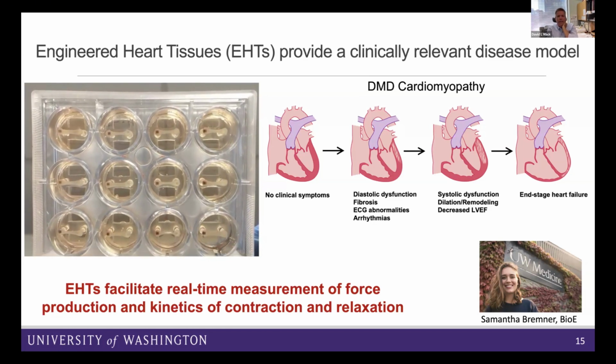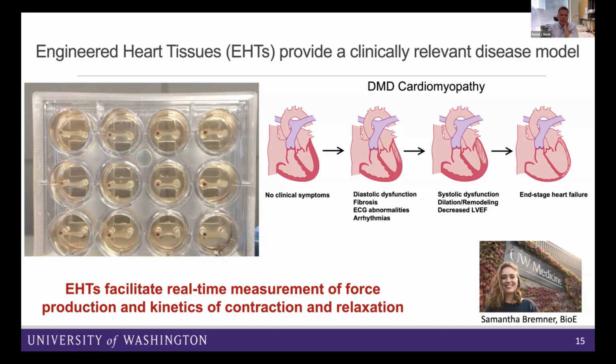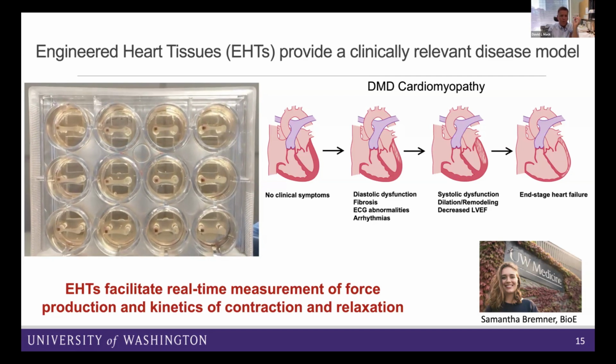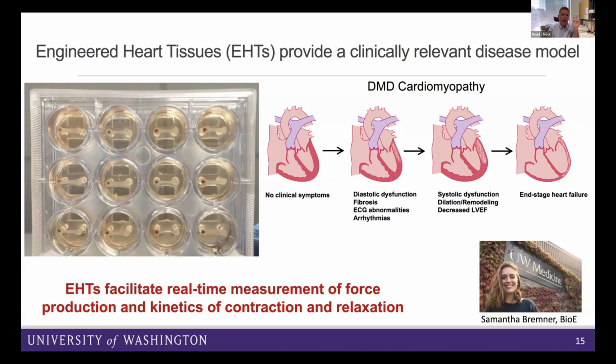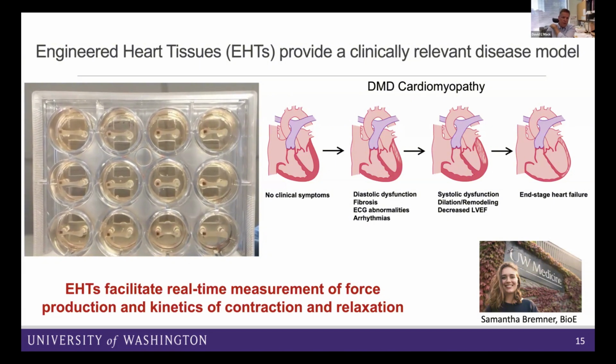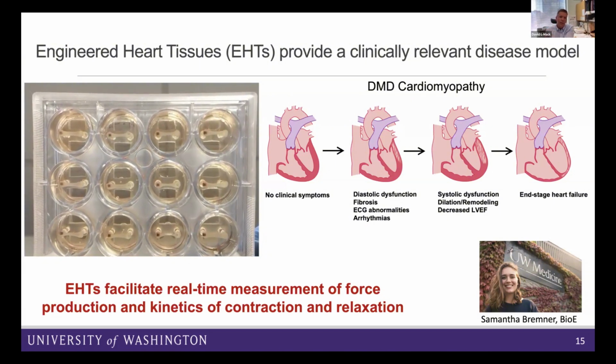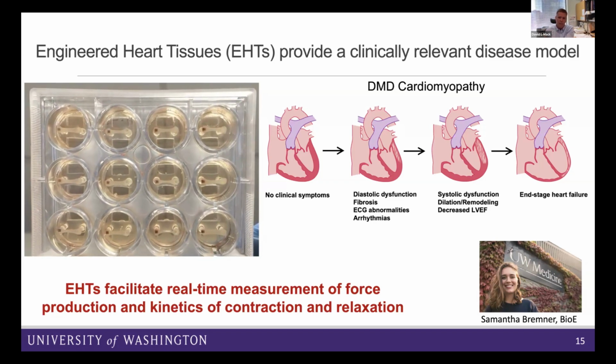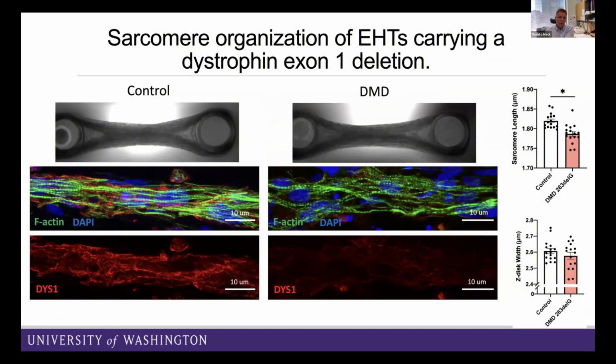So the idea is that these EHTs can generate force, and looking at that force output and the kinetics of contraction and relaxation, we can get further insight into the disease etiology. These are representative images from normal and dystrophic EHTs. They show differences in sarcomere organization as shown in the F-actin staining.